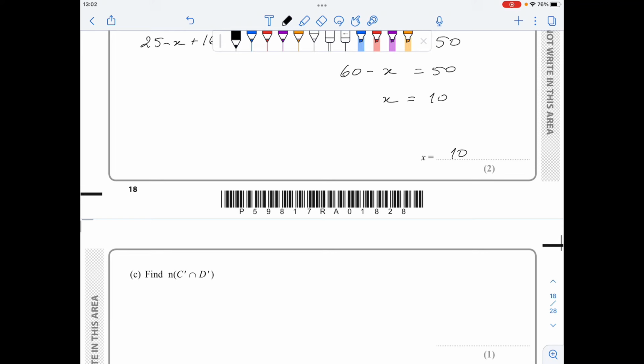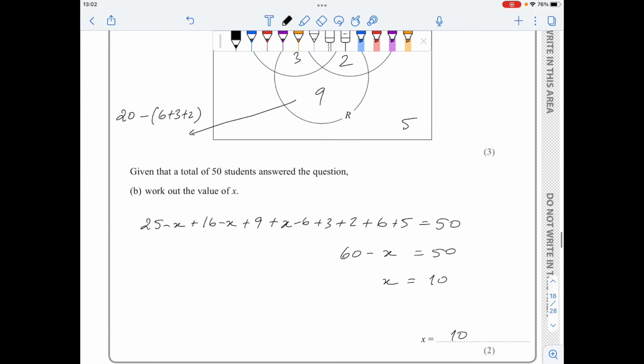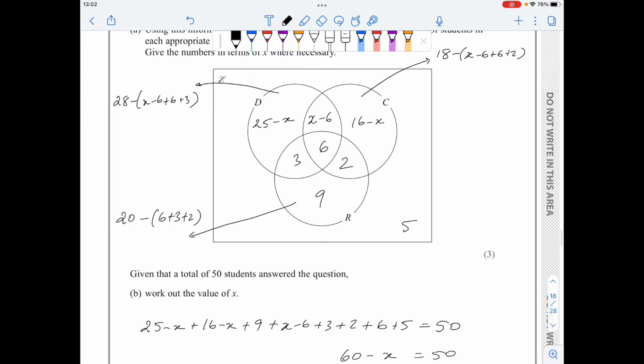And finally, part C, I need the number of students with C dash intersection D dash. This means that students that do not have a cat and do not have a dog. So from my Venn diagram, this includes this 9 plus 5, 14 students.